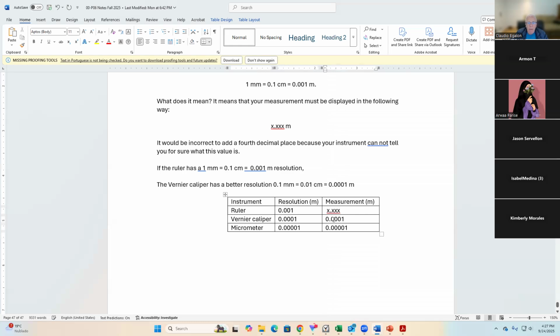A measurement with the vernier caliper must be displayed up to the 4th decimal place. 1, 2, 3, 4. And a measurement with the micrometer should be displayed up to the 5th decimal place. Okay? Can you remember that?